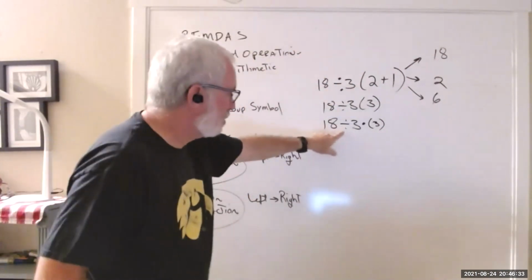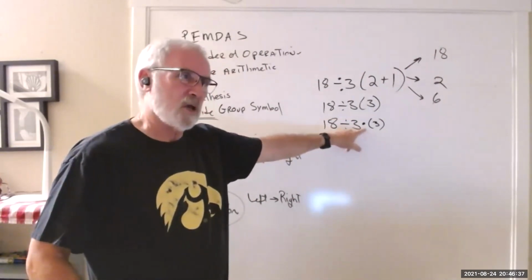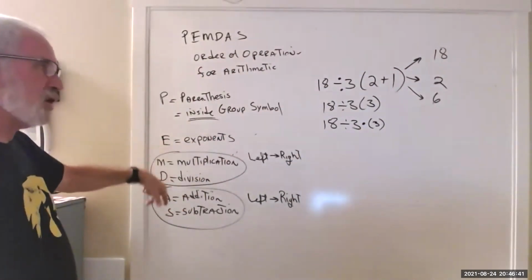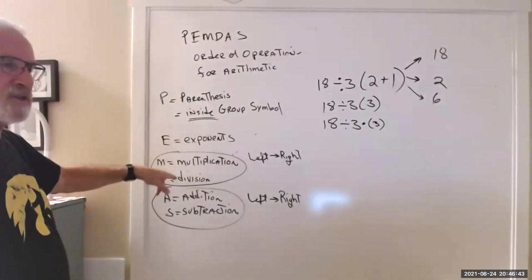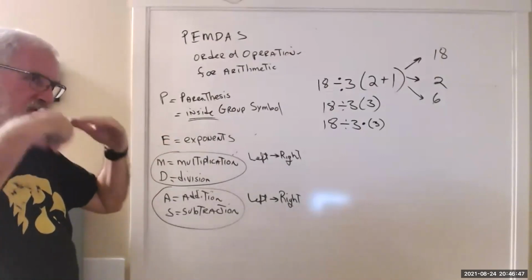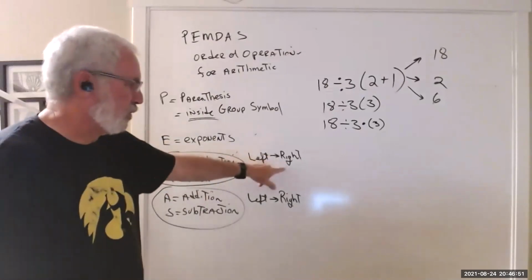Now, here's the question. I see division, I see multiplication. According to what we've been talking about, division and multiplication are of the same importance. They're the same level of importance. So you have to move from left to right.